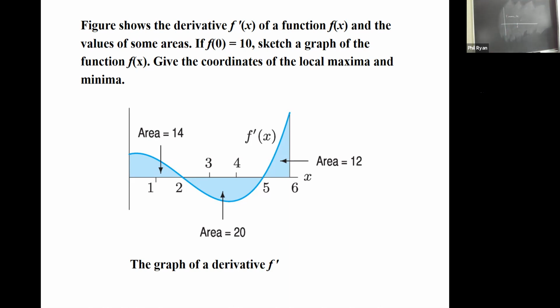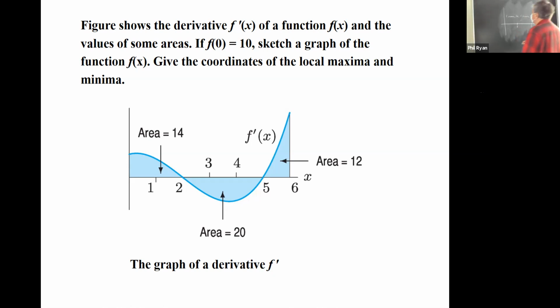Here, f prime is negative, so that means f is decreasing. At 5, we've got that the function is flat. And here we've got that the derivative is positive, so that means f is increasing.